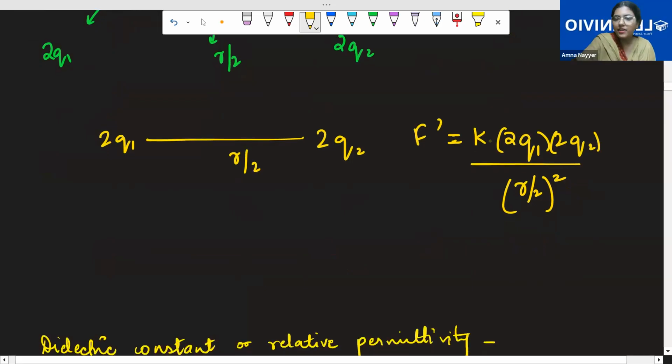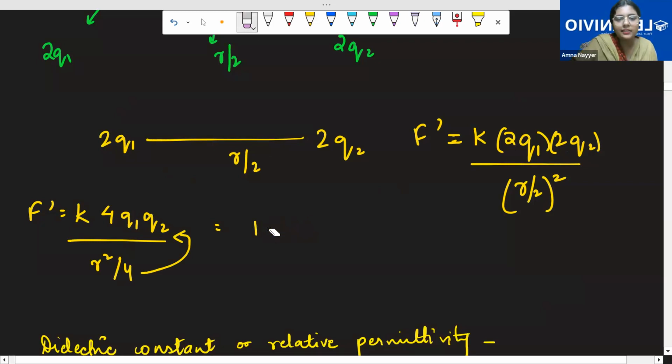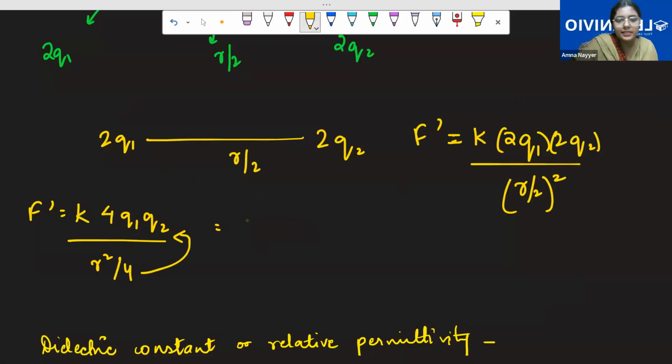Now let's simplify this a little bit. F prime, the new force, will be equal to K times, look, 2 into 2 is 4, Q1 Q2 divided by R square by 4. This 4 goes up, that makes it 16 K Q1 Q2 by R square.